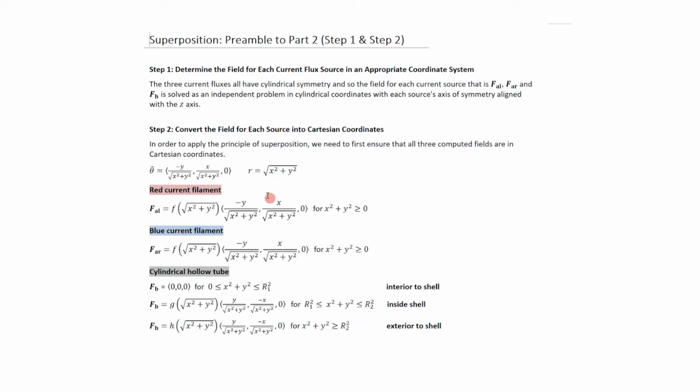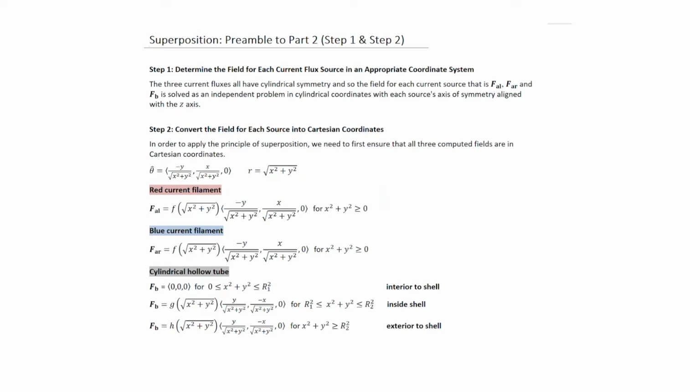So we can solve each one of these as an independent problem in cylindrical coordinates, but we're going to make sure that each of the sources' axis of symmetry is aligned with the z-axis. In the case of the two filaments, they have to be shifted to the origin, but the cylindrical shell is already aligned with the z-axis, so there's no need to move it at all. It just stays put. So that's step 1.